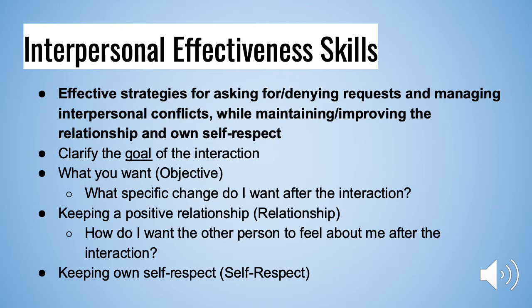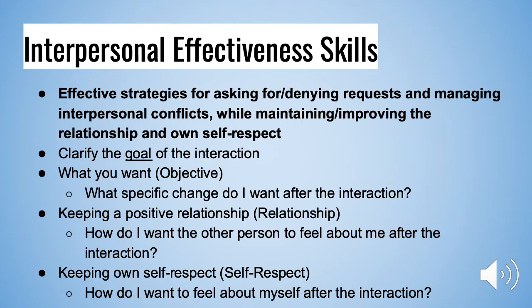And then finally, if your goal is to keep your self respect, and you may wonder how you will feel about yourself after that interaction with the other person, that would be focusing on the self respect effectiveness. And so, all three of these should be considered in every situation and every interaction. However, one type usually will take priority over the others, and it all goes back to what it is that you want out of that interaction.